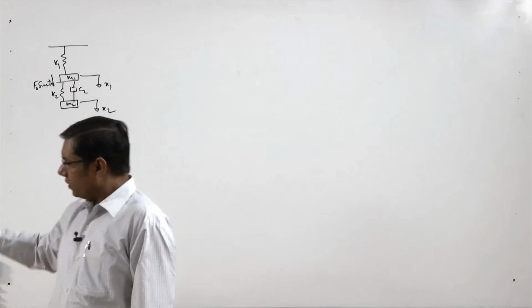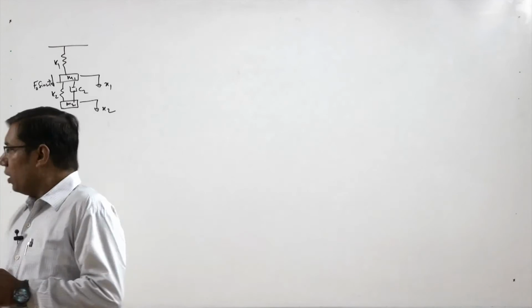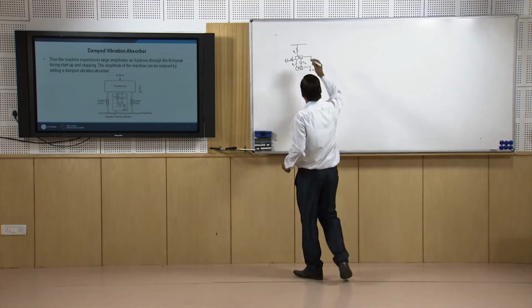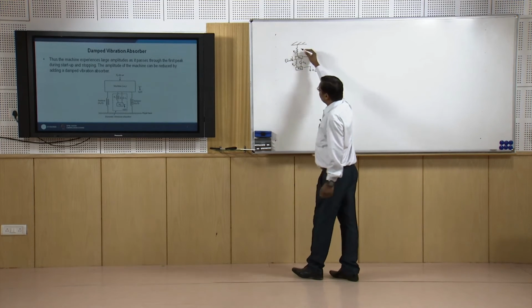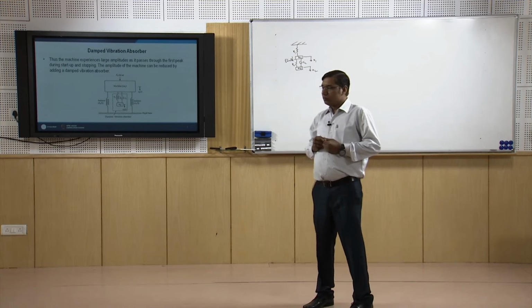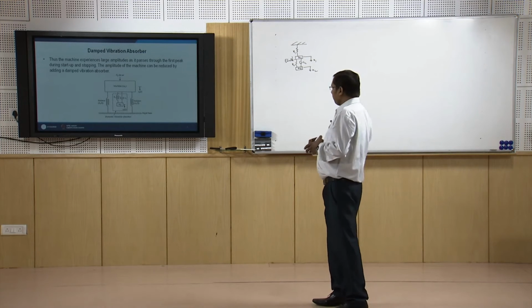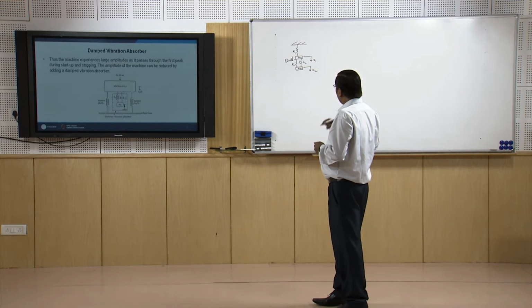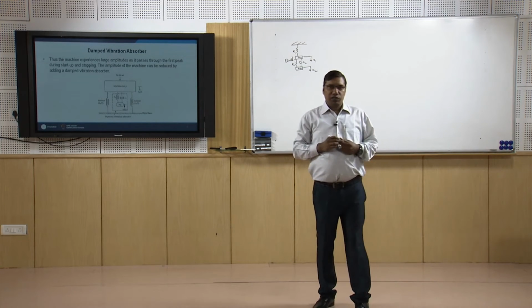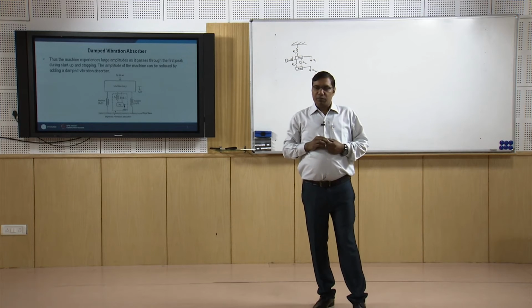So we can represent that system in this form. So we have this machine M1 that is supported with some spring K1, and we can have the vibration absorber that is K2, C2 and M2.